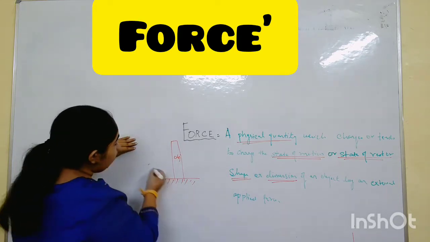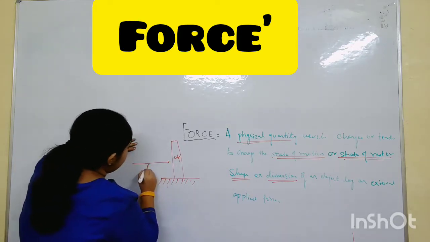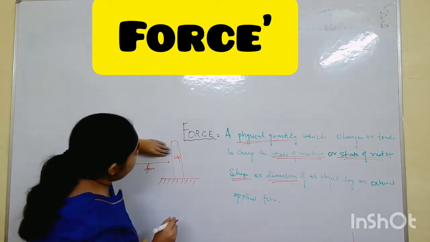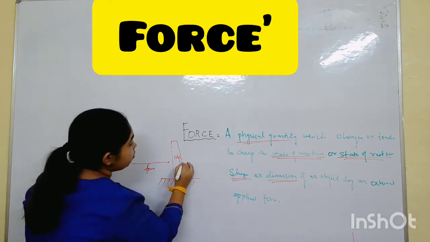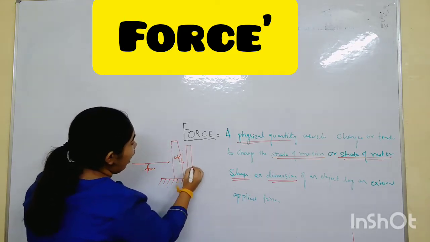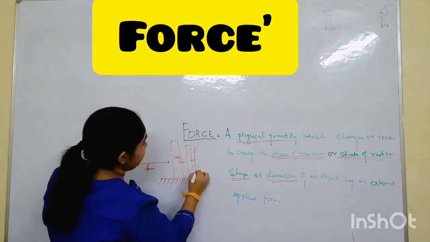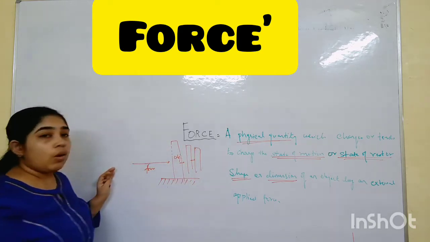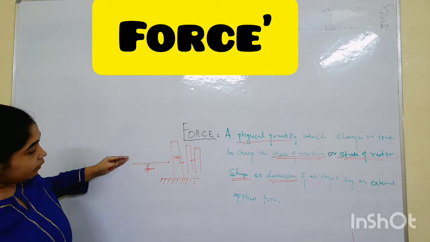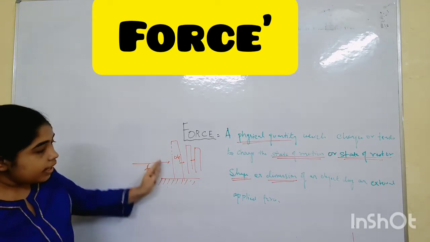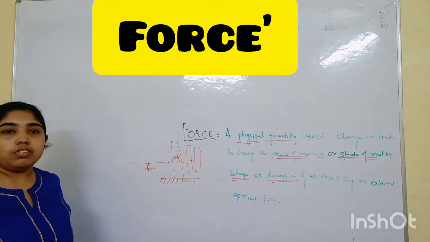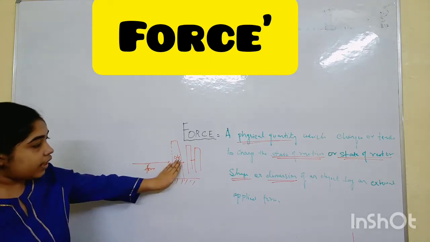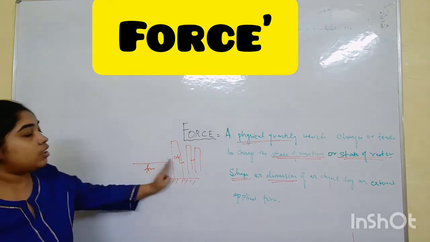Okay, now suppose I am applying a force to it. What will happen? This object will be moving now. Again I applied a force. Again this object will move. Understand? So what is the force? Force means what? When an external force is applied on it, it will start to move. An object at rest will be at rest unless an external force is applied on it.